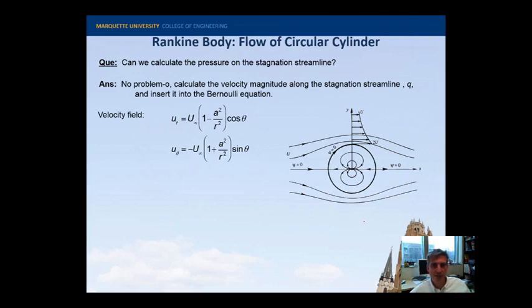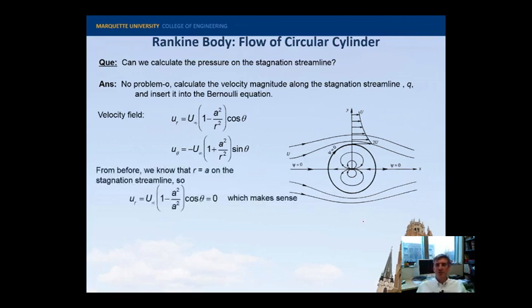So here's the velocity field. We know that the relationship is that r is equal to a for all theta. So I can insert that first into the u of r term. When r is equal to a, this becomes 1, and that becomes 0. And so the radial velocity along the surface of the cylinder is always 0.